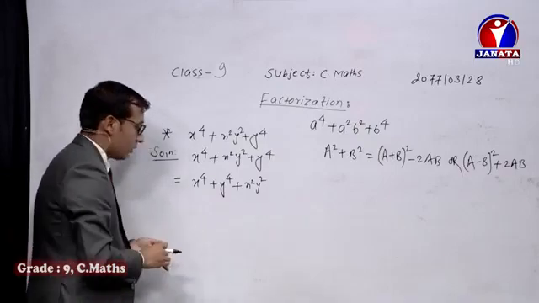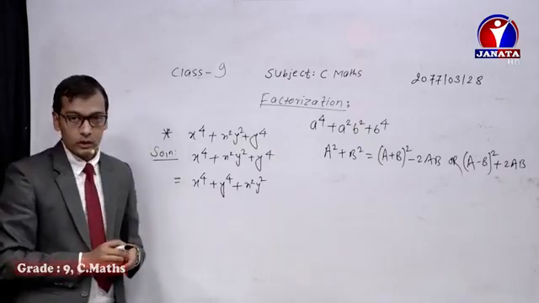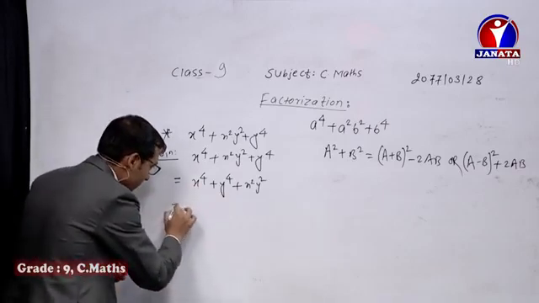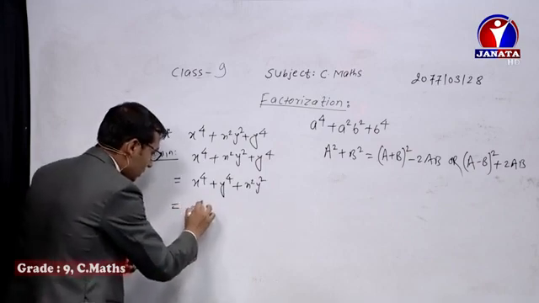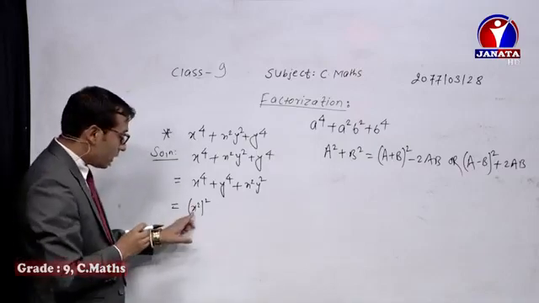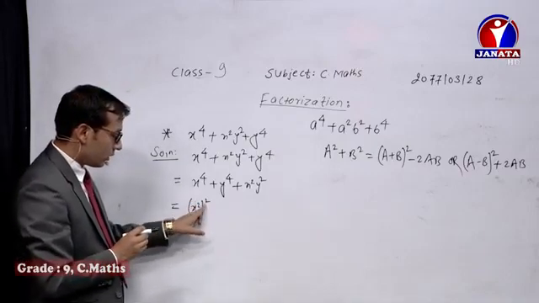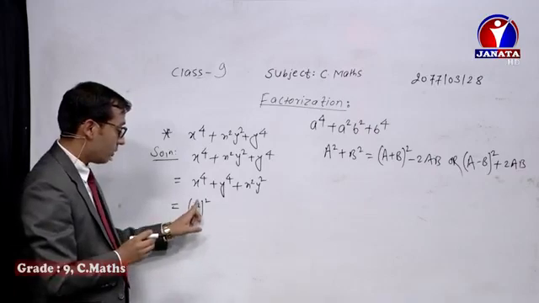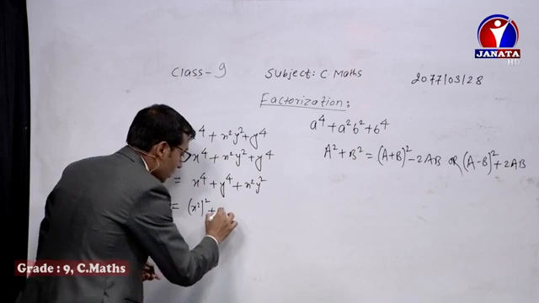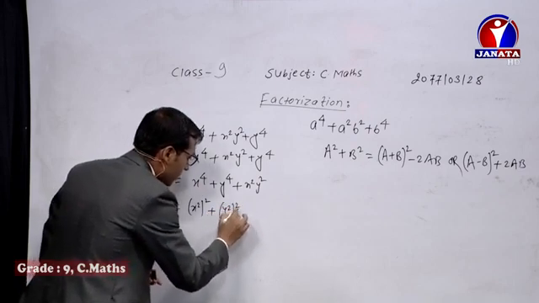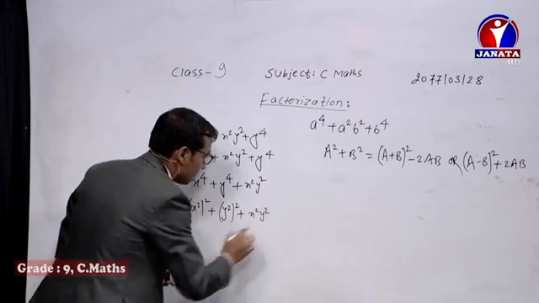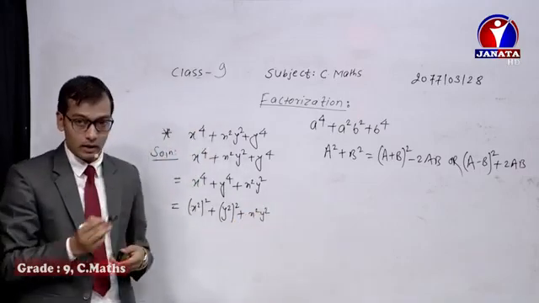So let's look at the first and second term of this expression. Can we rewrite x to the power 4 like x square whole square? Yes, obviously we can write it, because x square whole square is x power 2 times 2, which is 4, plus y square whole square, again it gives y to the power 4, plus I am writing the last term as it is.